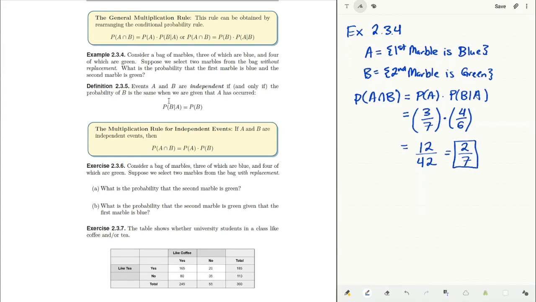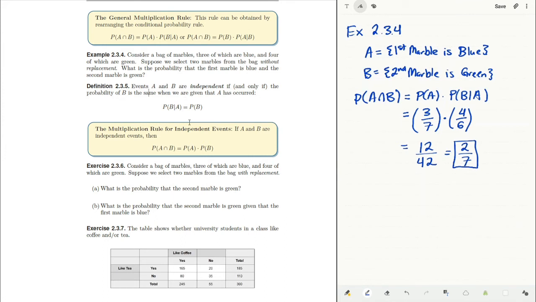So mathematically, this says that the conditional probability of B given A is equal to the probability of B. So in other words, the occurrence of A does not affect the probability of B. So knowing that A has already occurred, if the conditional probability of B given A is the same as the probability of B, then this means that the events A and B are independent.